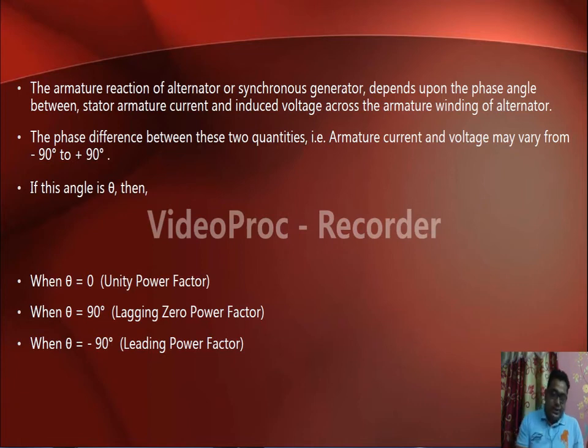I have considered the angle between them as theta. Theta can be of three types. Zero, that means unity power factor, that means whatever load is connected is resistive in nature. Then theta can be 90 degree, lagging zero power factor. If there is lagging zero power factor, there will be leading power factor also. Yes, number 3, when theta is equal to minus 90 degree, it is leading. So let us see what those are.